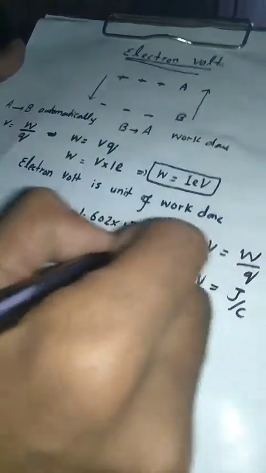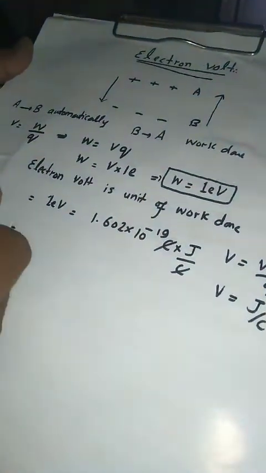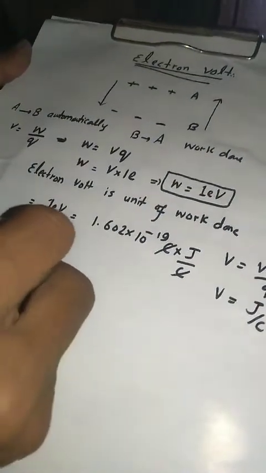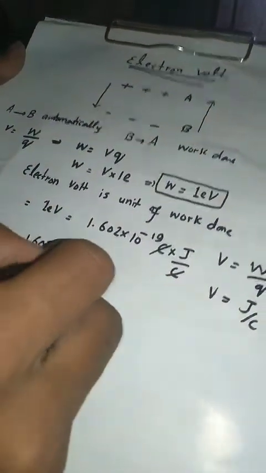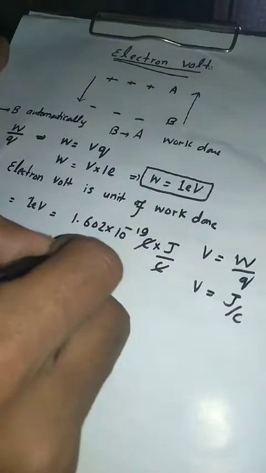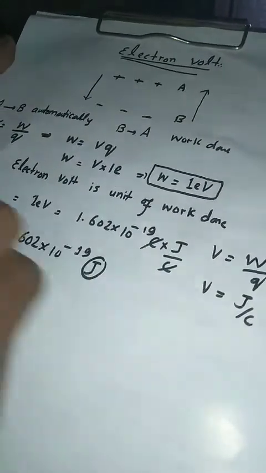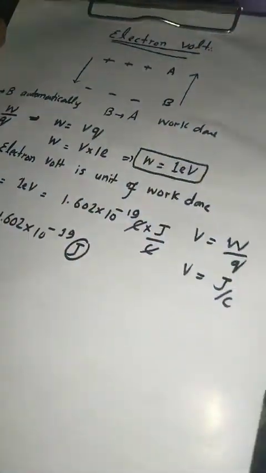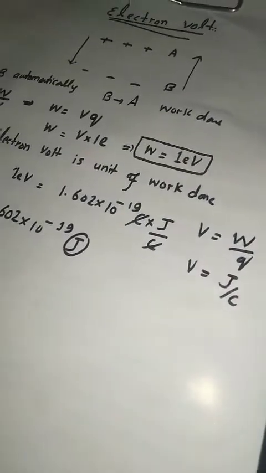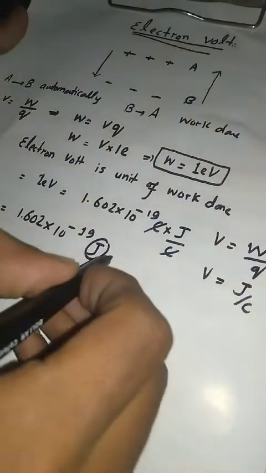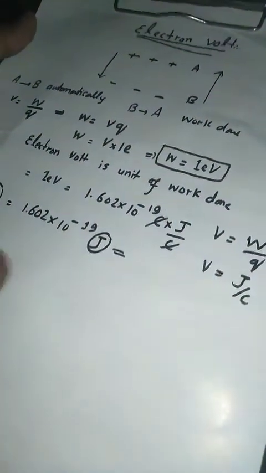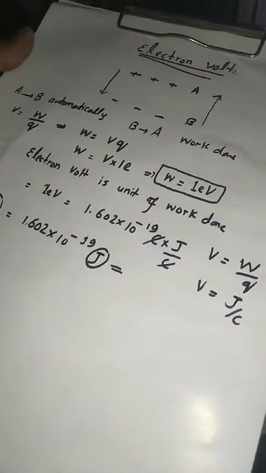So 1 volt is equal to joule per coulomb. This would cancel with this. So 1 electron volt is 1.602 into 10 raised to power minus 19 joule. Joule is the unit of energy, so we can say the unit of energy is joule as well as electron volt.